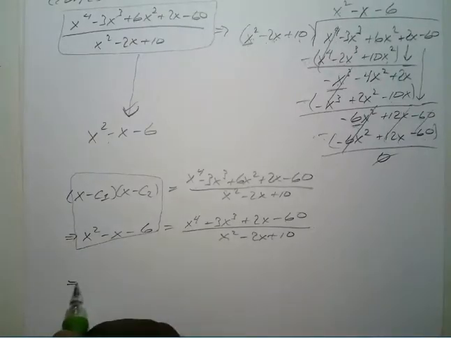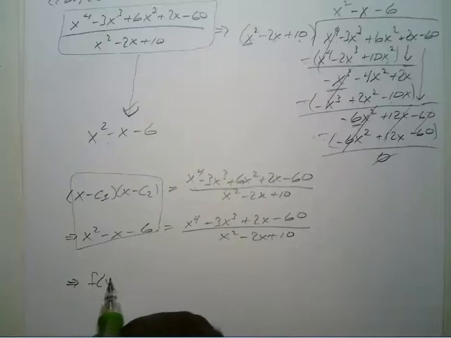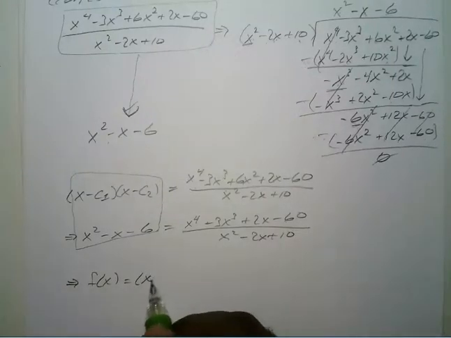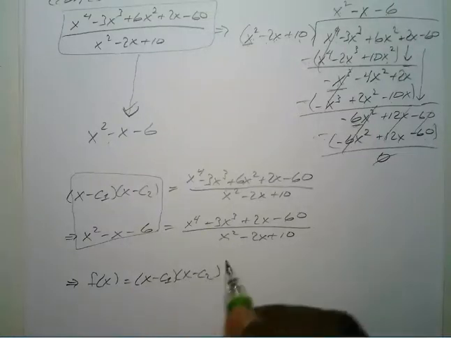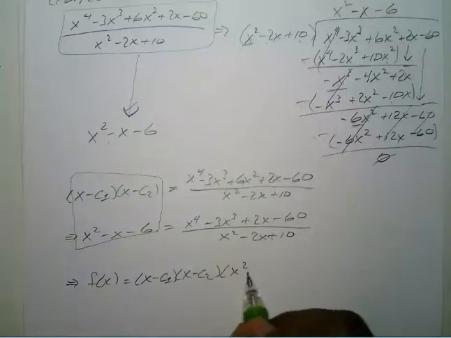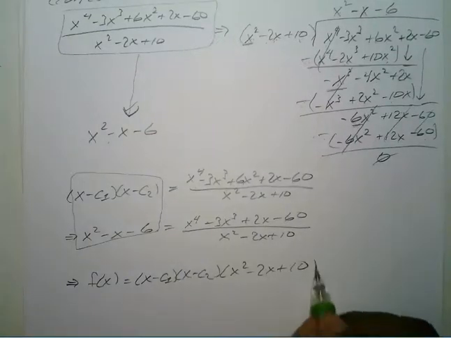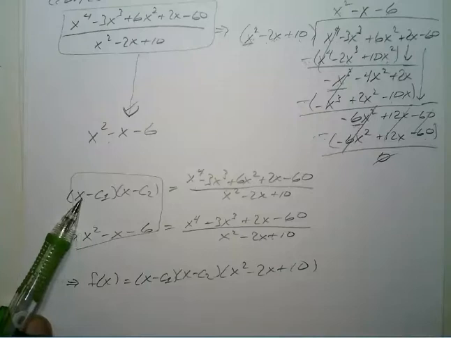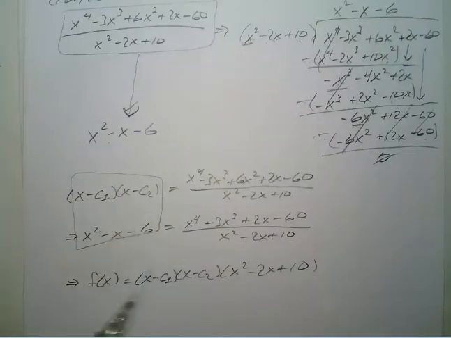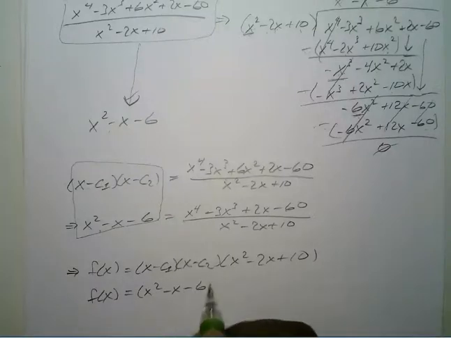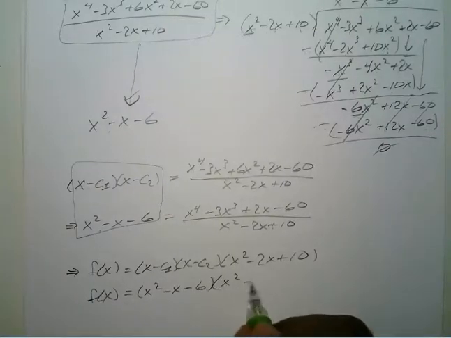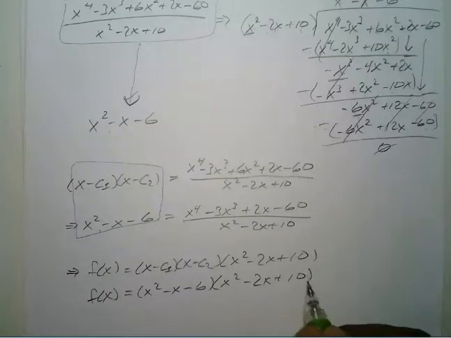Okay, so starting off where we were before, it's x minus c1 times x minus c2 times x squared minus 2x plus 10. We just proved that x minus c1 and x minus c2 is equal to this. So that means our f of x is equal to x squared minus x minus 6 times x squared minus 2x plus 10.